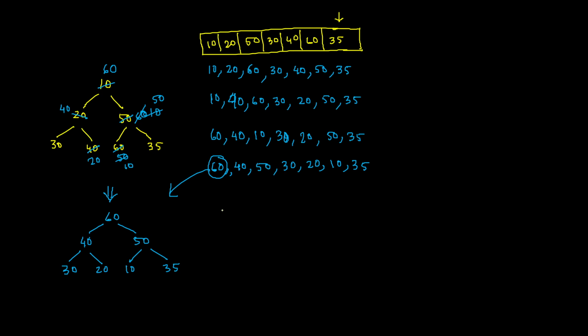Just assume that you have taken out 60 from the first location, and the other part remains the same: 40, 50, 30, 20, 10 and 35.